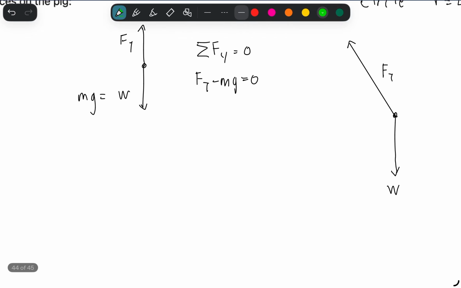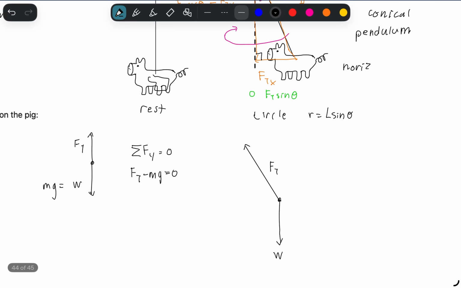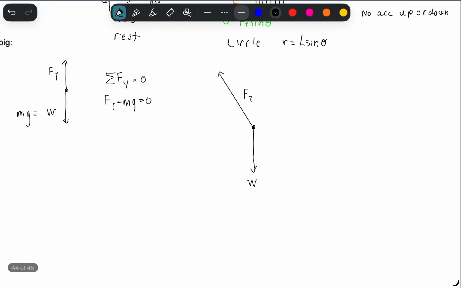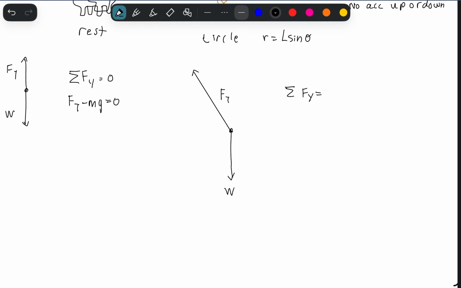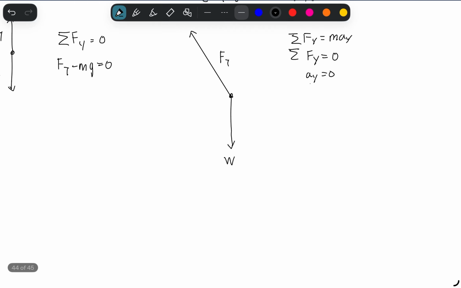Now we can do Newton's second law vertically. Because the pig is not going to have acceleration up or down, we just have the horizontal circular motion. So the summation of forces in the vertical direction is equal to 0 because ay will equal 0. That means for our vertical forces, we have Fty acting up and mg acting down, and that's equal to 0.